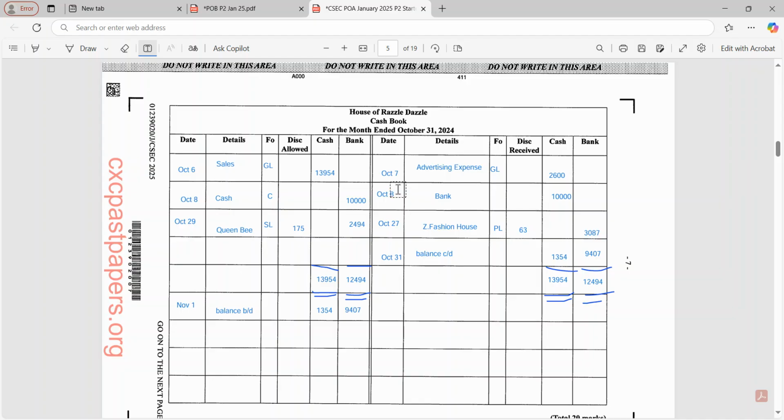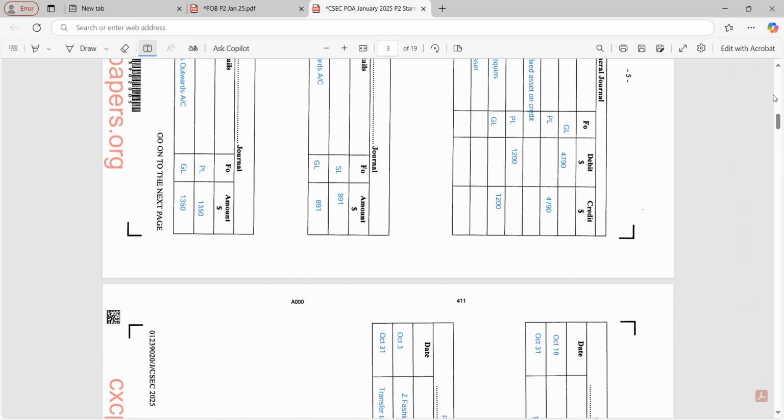So we get October 7, advertising expense, it will be our details, right? And we find this transaction in your general ledger since it is not affecting a payable or a receivable. And it is 2,600 under our cash column. We move on.